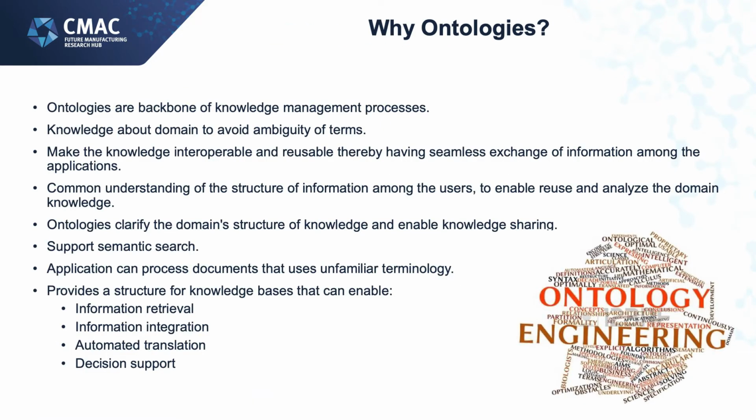Now, why do we need ontologies here and where will we be using ontologies? For those who are not aware of ontologies, I just want to give a little bit of an introduction. Whenever we have ambiguity of terms in the files, or when we want to search the data, it is possible that everyone is not using the same term for searching the data.